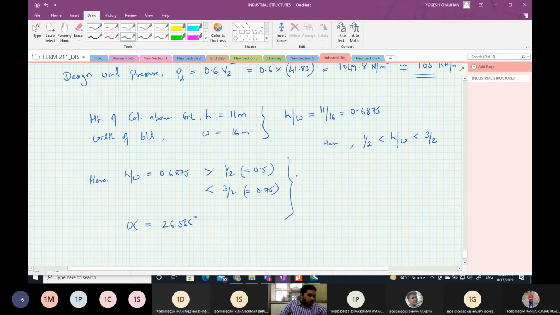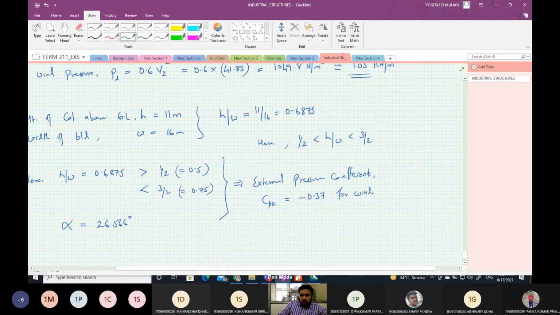So for this data you will get the value of coefficients, external pressure coefficients CPE, equal to minus 0.37 for windward side, and equal to minus 0.8 for leeward side.